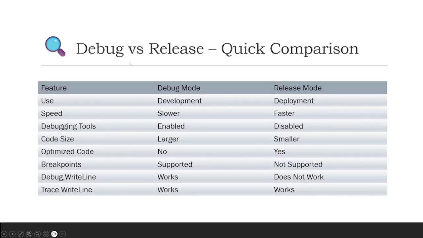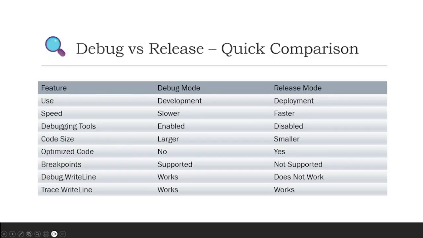So if you compare debug versus release, let's go one by one. Debug mode is used in development, release mode is used in deployment. Speed wise, we have to debug line by line each and every piece of code, so debug will be slower, and release mode is faster. Debugging tools are obviously enabled in debug mode, and disabled in release mode.